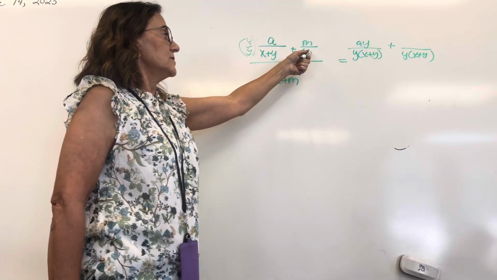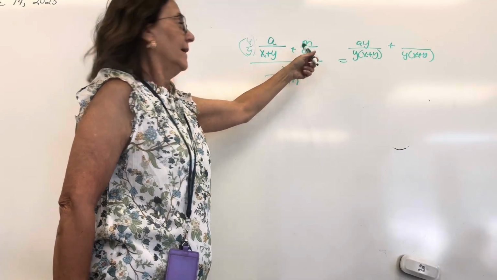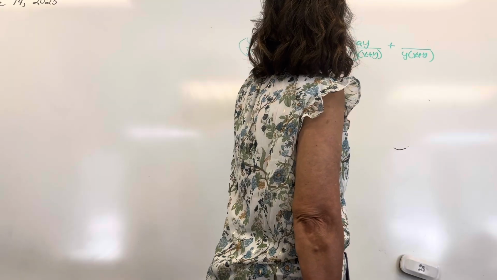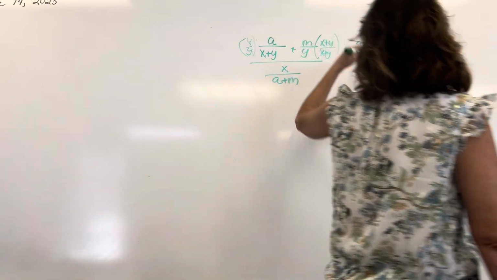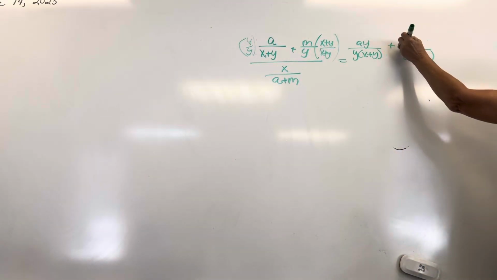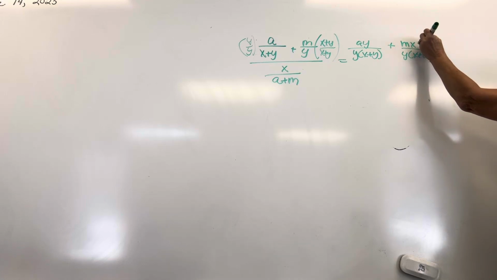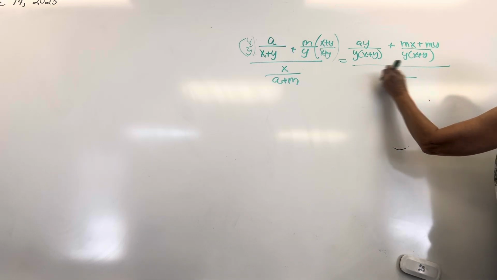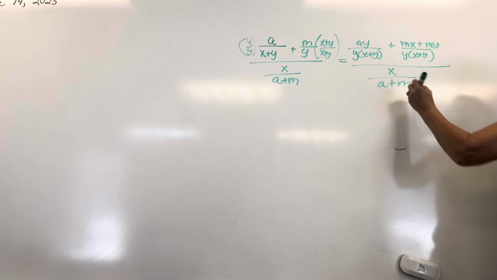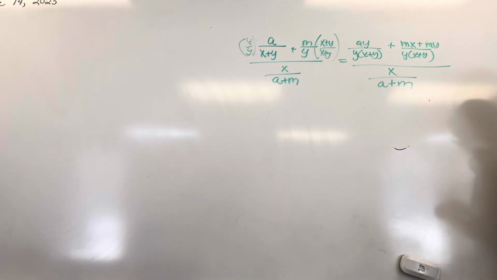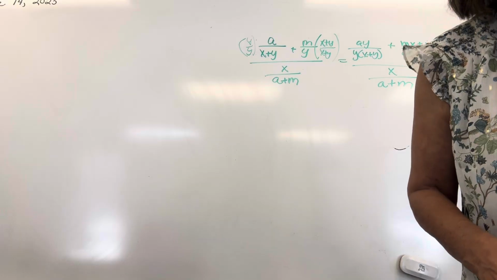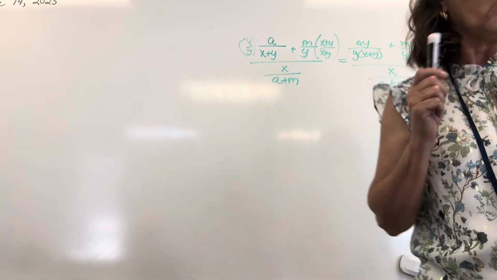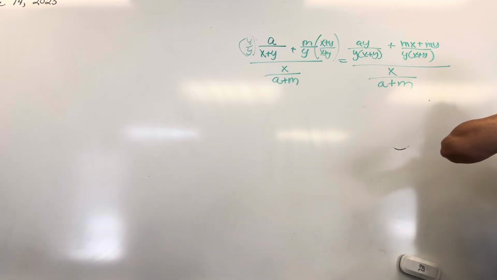What do I multiply this one by? X plus y. Yes, x plus y over x plus y. Distributing the m, I have mx plus my, and it's all over my common denominator. Now I can combine my numerators and write them over the one common denominator.